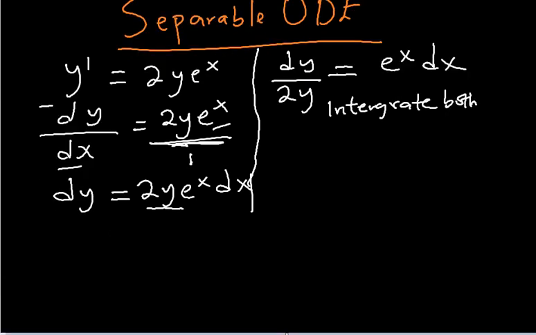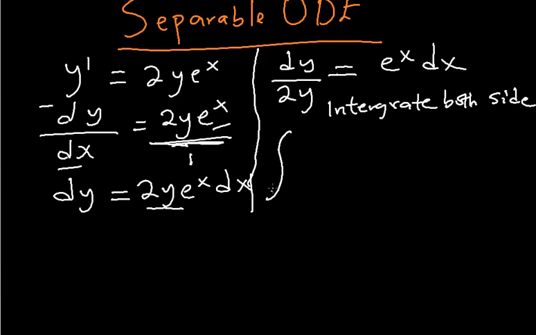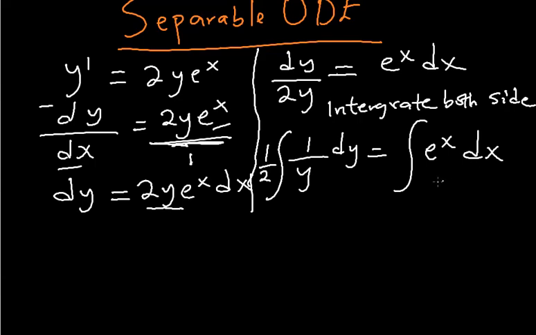So let's go. I'm going to integrate both sides. The integral value of, so 1 all over 2, I take it behind the integration sign, so here I'm going to have 1 all over y dy, then the integral value of exponent of x dx.